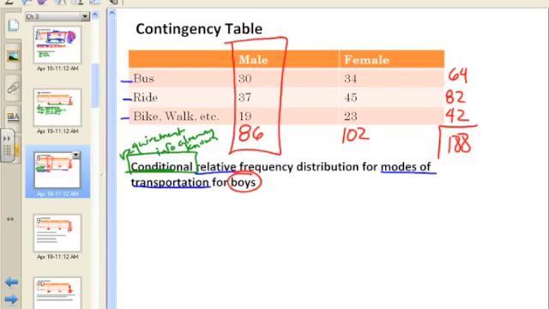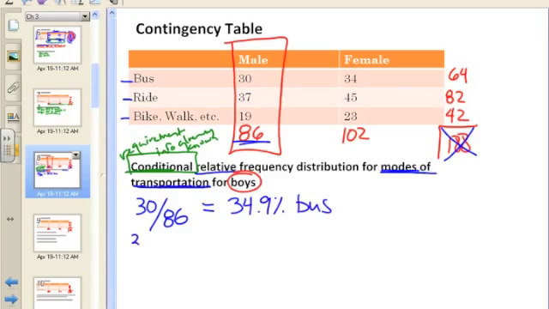All right, now I'm going to see how boys are split up based on their mode of transportation. There were 30 that bus out of 86. Notice I'm using this total because I only am worrying about boys. I'm not using the total of everybody. And if I write that as a percent, because I was asked for a relative frequency, that's 34.9%. And that takes the bus. There were 37 out of 86.